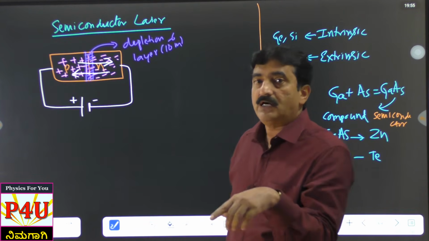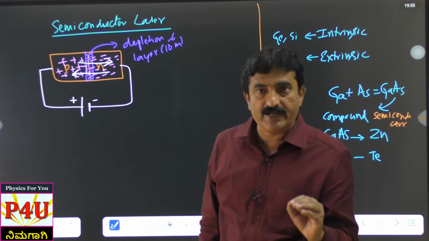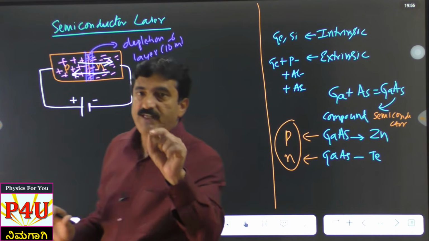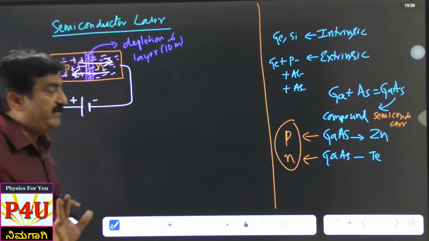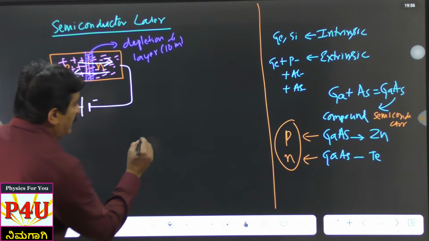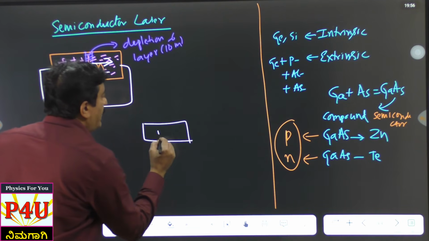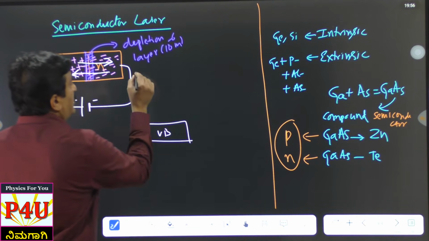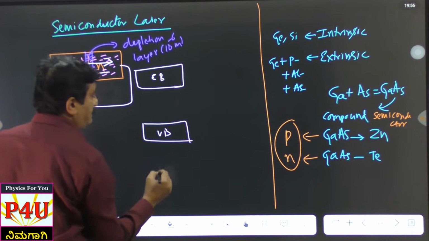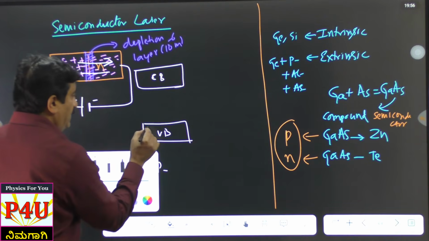Now in case of semiconductor device, things are slightly different. Even diagram is also slightly different. The diagram, please follow carefully. P type is written like this. P type semiconductor consists of valence band and conduction band. So this is P type semiconductor, and in P type semiconductor there are holes.